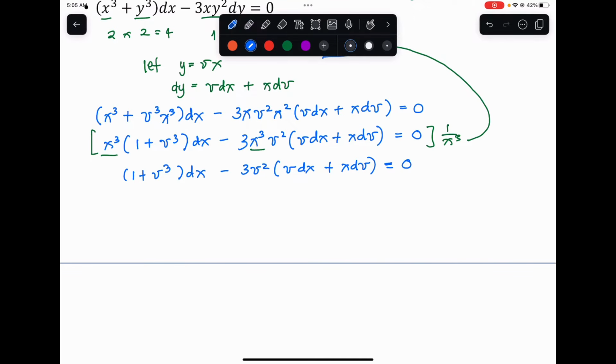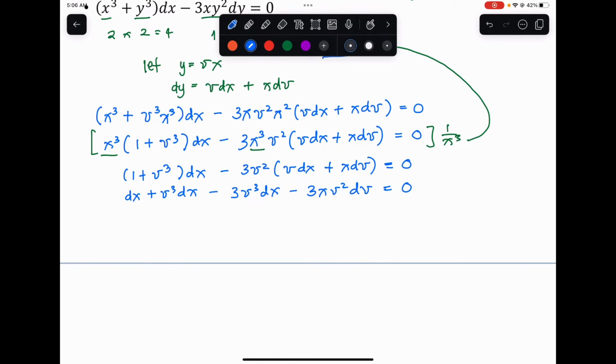We distribute: dx plus v cubed dx, and then minus 3v times v dx, which is 3v cubed dx, and then minus 3x v squared dv equals 0.